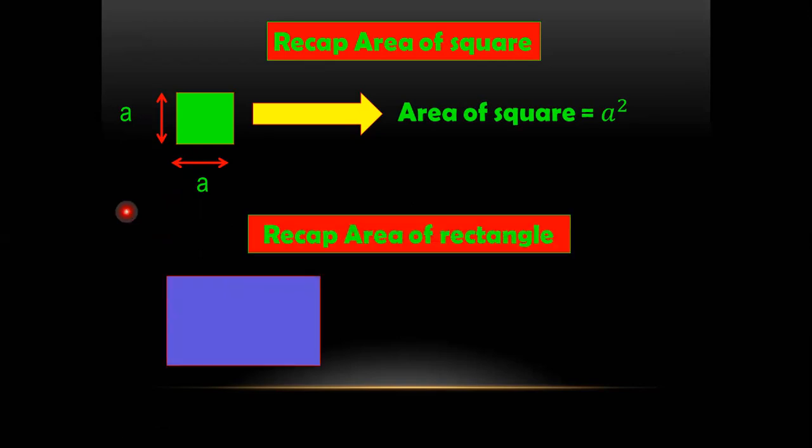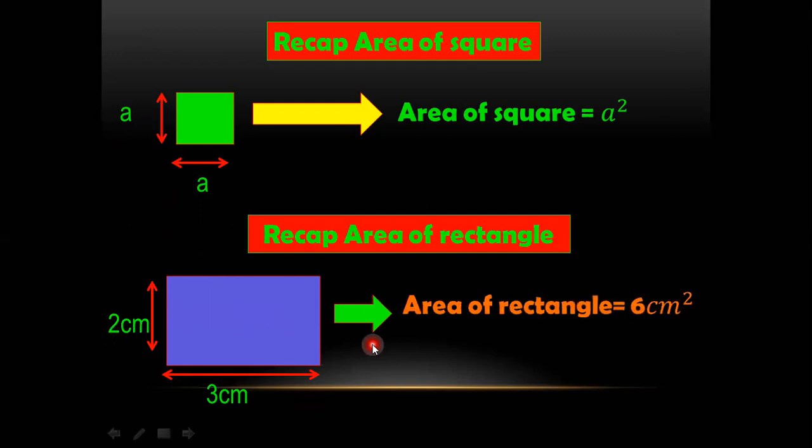rectangle. For example, if we have a rectangle and its dimensions are 3 centimeter and 2 centimeter, and if we want to find out the area of the rectangle, we will multiply the length and the width to get its area, and it will be 6 centimeter square. Now look at this 6 centimeter square and try to find out this 6 centimeter square over here. What is the relationship of this 6 centimeter square with this 3, with this 2, and with this rectangle, right?